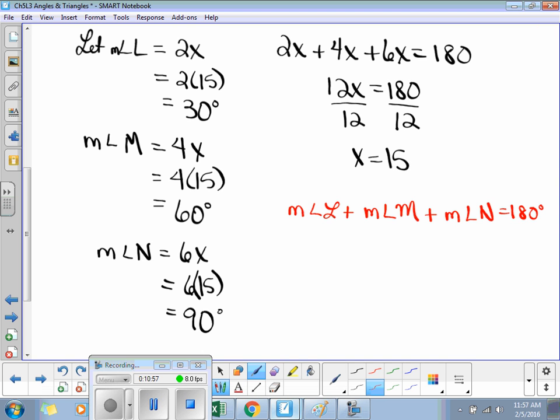Right? So let's see. 30 plus 60 plus 90 is equal to 180. Is that a true statement? 180 is equal to 180. Check. So we are correct.